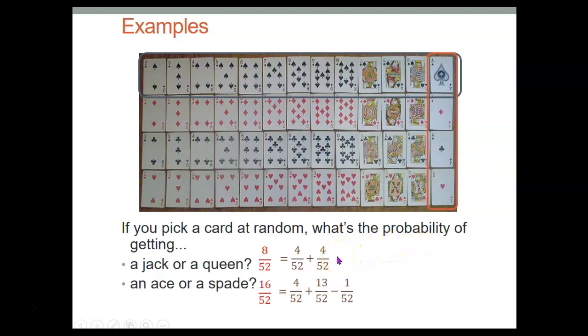In the first one, there was no overlap. Getting a jack, getting a queen, totally separate. They're what we call mutually exclusive. But getting an ace or getting a spade, there is some overlap there. Those are not mutually exclusive. So in that case, we couldn't just add the separate probabilities together. We had to account for the fact that something got counted twice.